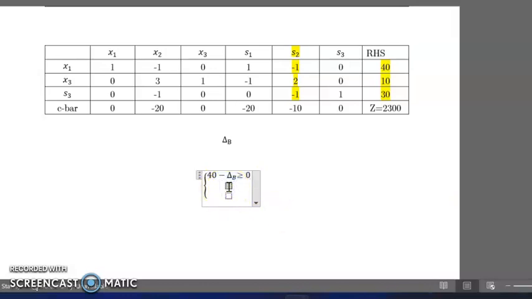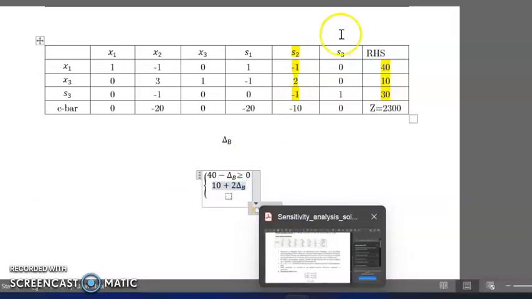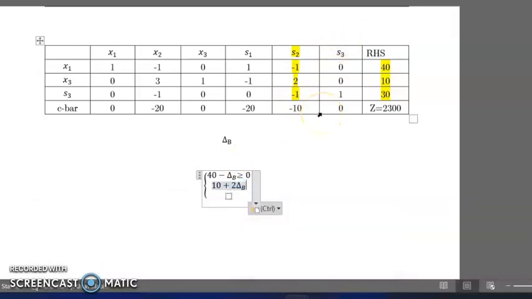The second value is 10 plus 2 delta B, and it also needs to be greater than or equal to 0.